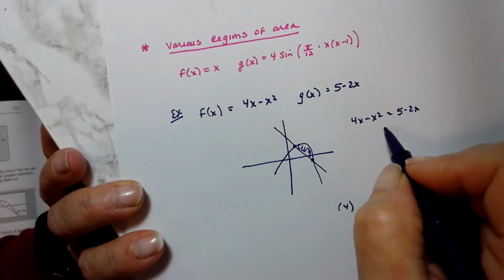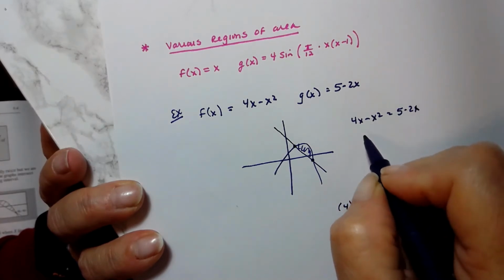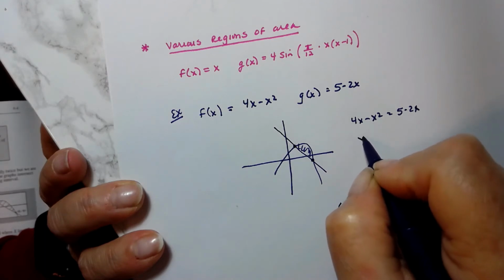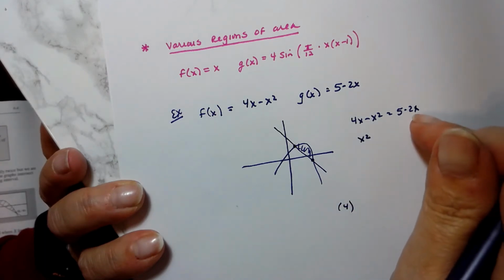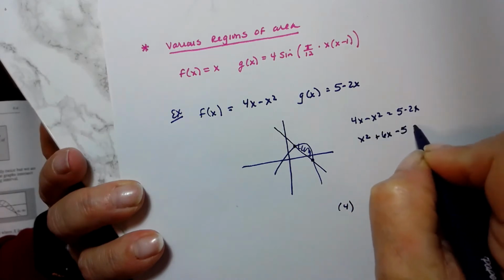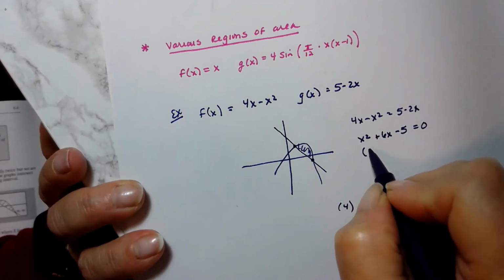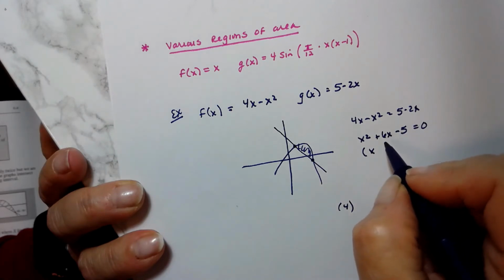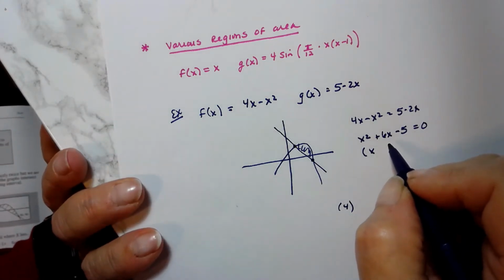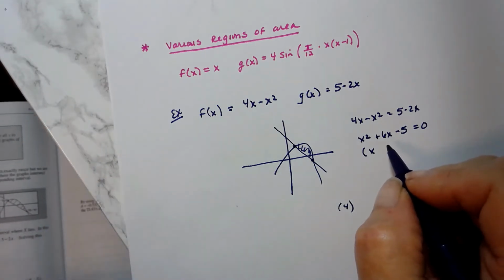If I add 2x, I'm going to bring this over so my x squared is positive. Wait, I'm sorry, my bad. This is not going to work.